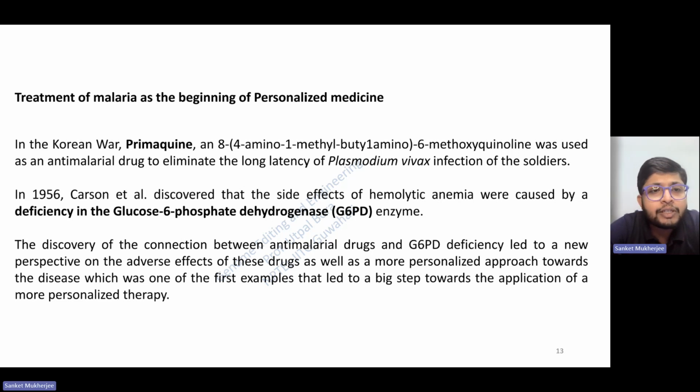Let's see what happened. For treatment of malaria in the Korean War, around 1945, Primaquine, 8-(4-amino-1-methylbutylamino)-6-methoxyquinoline, which is also a quinoline derivative, was used as an anti-malarial drug to eliminate the long latency of Plasmodium vivax infections of the soldiers.